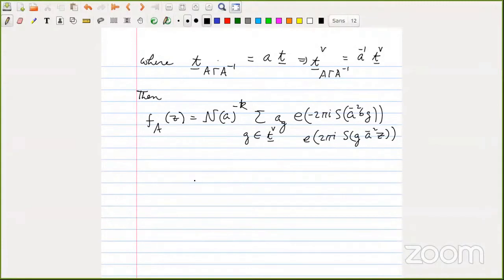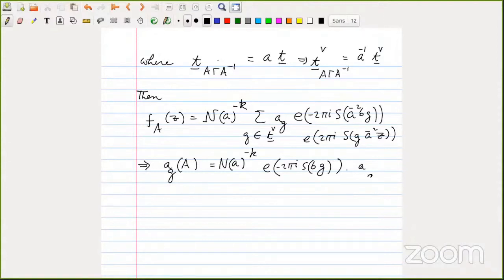Now, if I compare the Fourier coefficients, this implies that I will have here A_g of A equal to N_A to the power of minus 2k, so this is k minus k, and then e to the power of minus 2 pi i s of dg times A g squared, where g belongs to A gamma A inverse gamma.